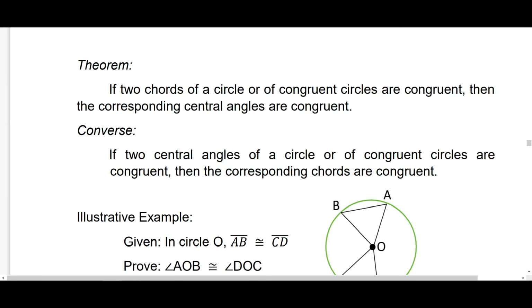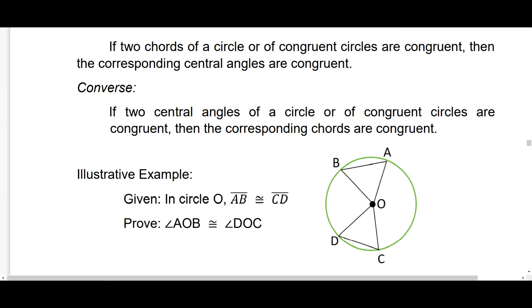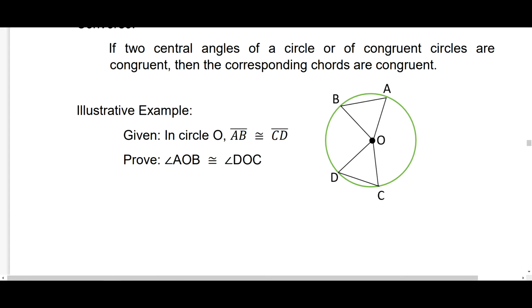If two chords of a circle or congruent circles are congruent, then their corresponding central angles are congruent. So, converse niya, if two central angles of a circle or congruent circles are congruent, then the corresponding chords are congruent. So, parang if AB is congruent to CD, then si angle AOB daw ba ay congruent kay angle DOC.